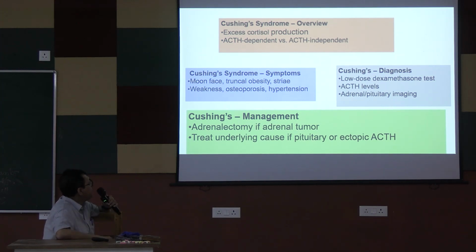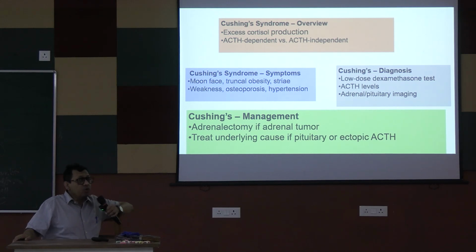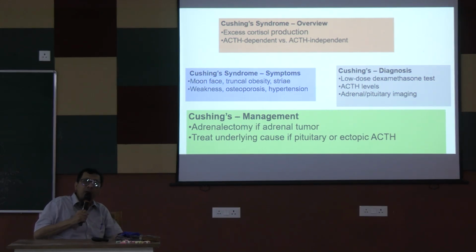And the Cushing management is adrenalectomy if it is an adrenal tumor. Treat the underlying cause in pituitary or ectopic ACTH. Ectopic ACTH, there are certain tumors which are neither in the adrenal nor in the pituitary, like in the lungs, in the prostate. Small cell carcinoma of the lung, cancer prostate at times secrete ACTH-like hormones.